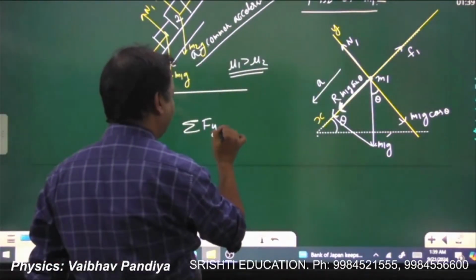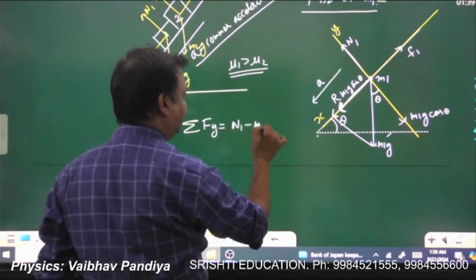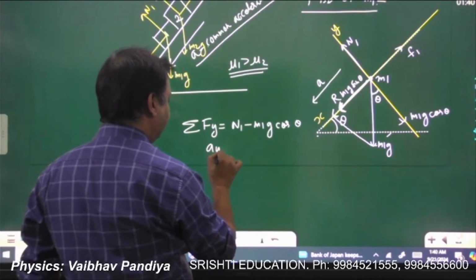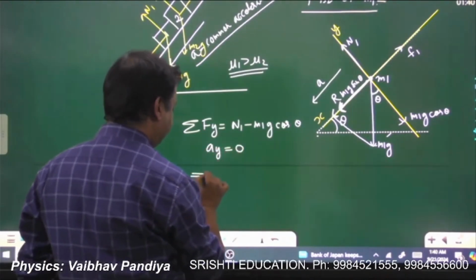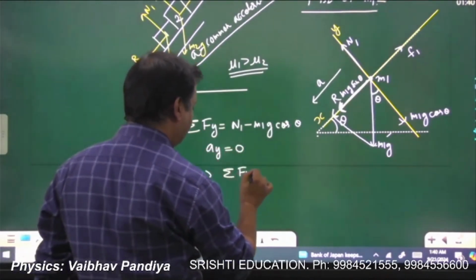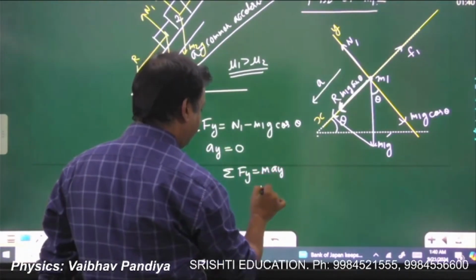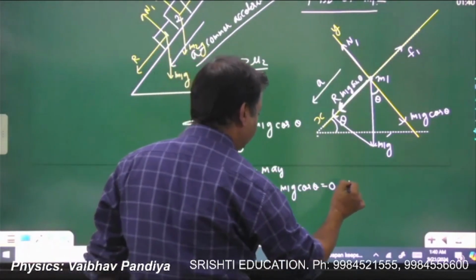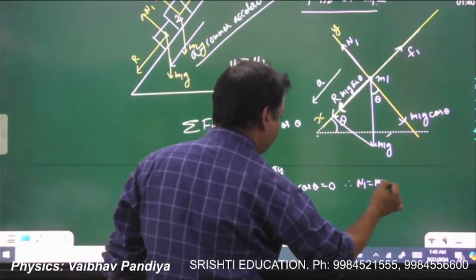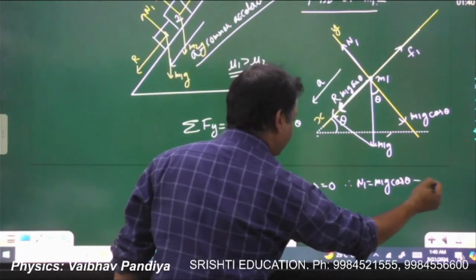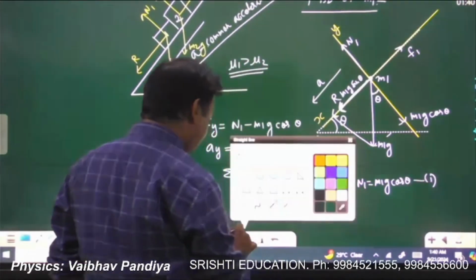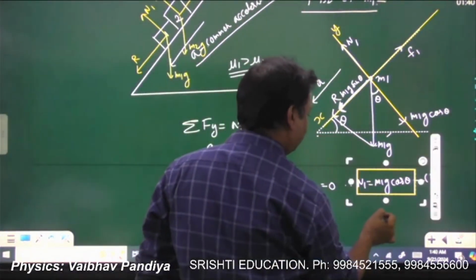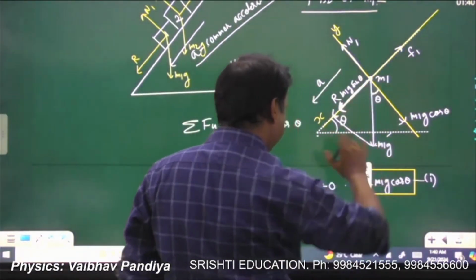So net force on the y-axis is N1 minus M1G cos theta, and AY will be 0. So let's apply Newton's second law on the y-axis. I'll get N1 minus M1G cos theta equals 0. Therefore, N1 comes to be M1G cos theta, okay? This is the value of the normal force on block 1 by the inclined surface.